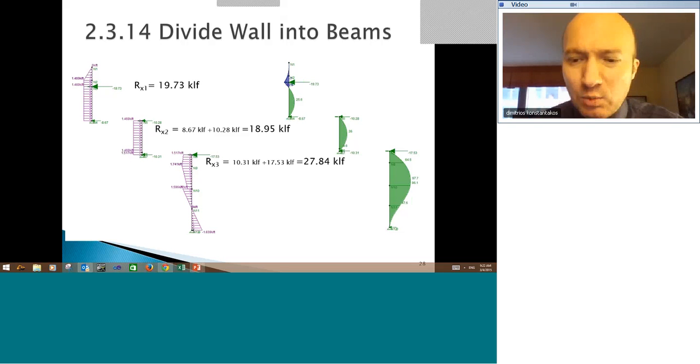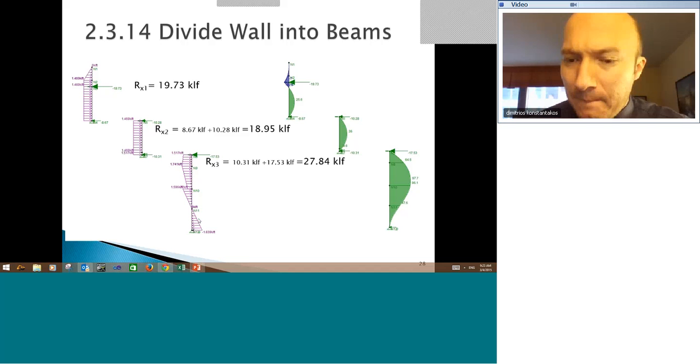One of the things that we'll see is that the reaction here at the very bottom is actually very close to 0. That's the verification that we've done our modeling correctly, in this case for Caltrans.